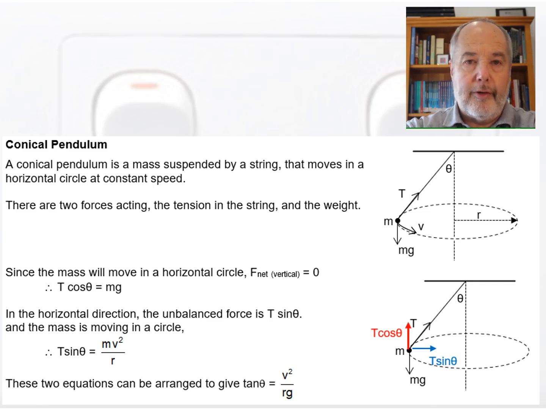The vertical component T cos of theta is going to be equal to mg in magnitude, and the horizontal component T sine of theta is going to give rise to the net force, which is mv squared over r. Again, rearranging those formulas and combining them, we can get that tan of theta is equal to v squared over rg. Again, a useful formula, but you must understand it only works for banked curves and conical pendulums because they are basically the same.